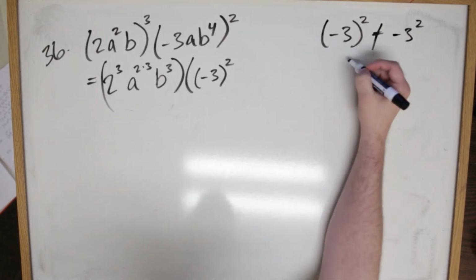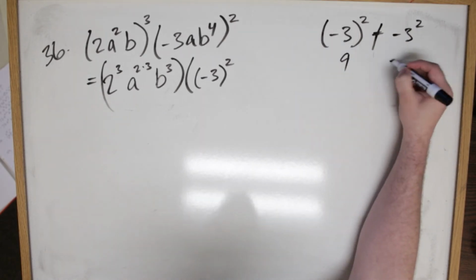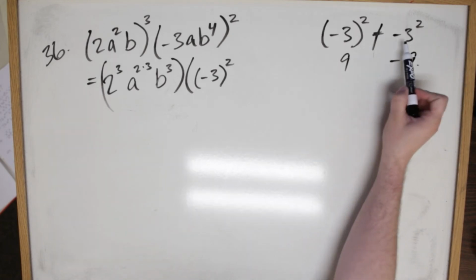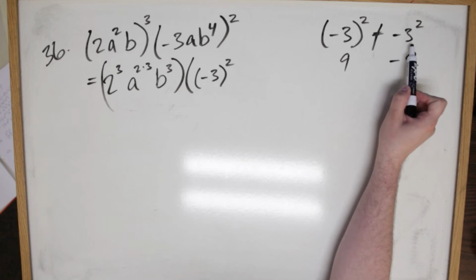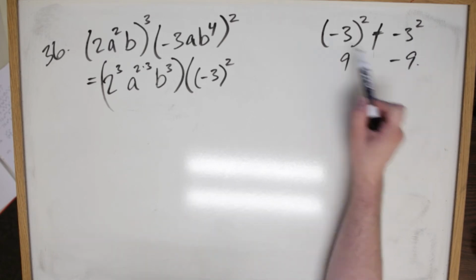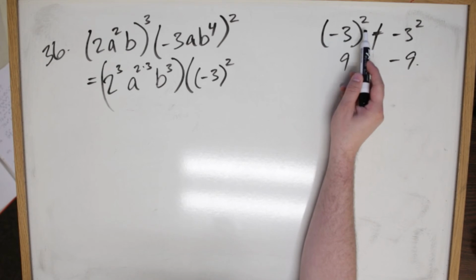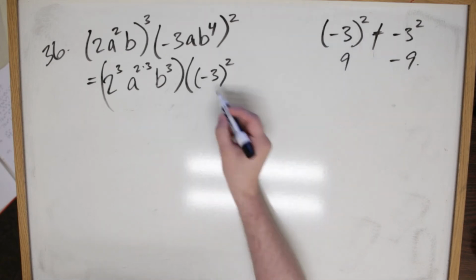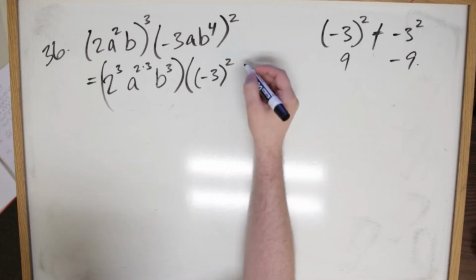Because here this is equal to 9, here this is equal to a minus 9. The way you can think of it, this minus sign is describing 3 squared. So it's a minus 3 squared, which is a minus 9. Here, the minus is actually getting squared as well, so this is why it becomes positive. So that, again, big distinguishment there. It's important to remember that.